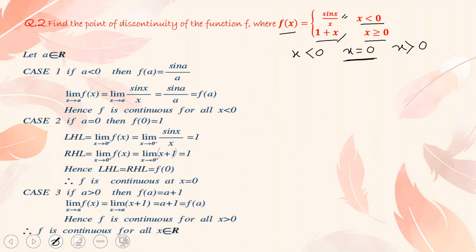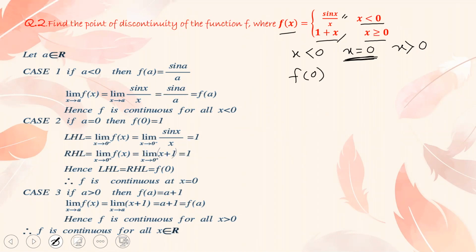So on the left hand side and the right hand side, the functions are different. This type of point we call a critical point, and at that point we need to check the continuity of the function. So let's check the continuity of the function at 0.